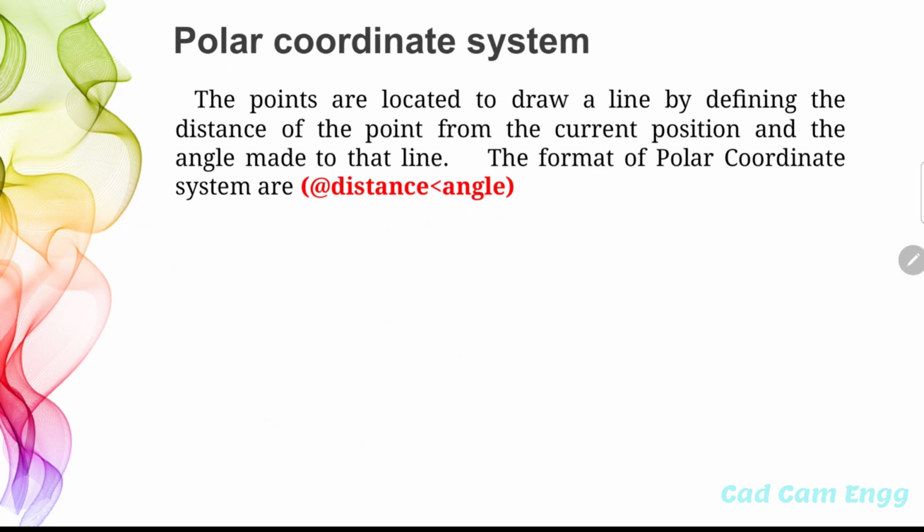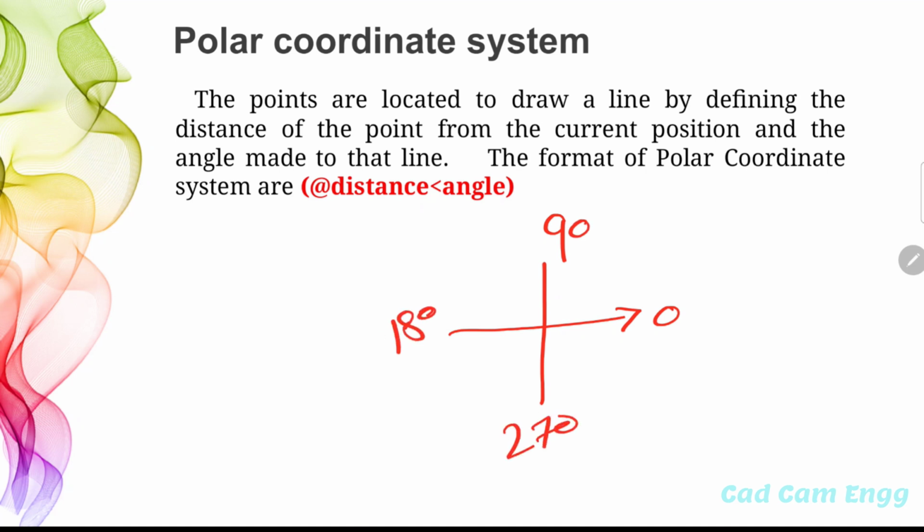Okay, in this method you want to keep these angles in your mind. This is 0, this one is 90, this one is 180, this one is 270. In between, we know 10, 20, 30, 40 up to 90, and then from 90 onwards up to 180, continuing to 360 degree.